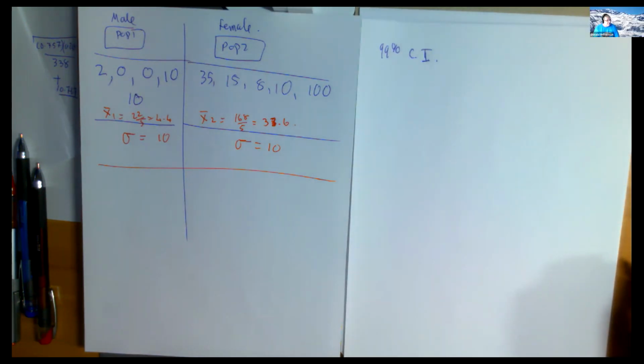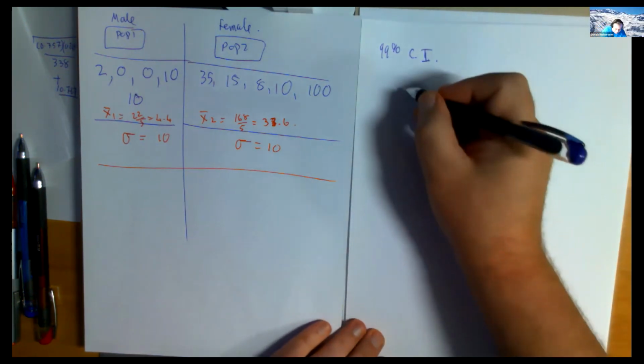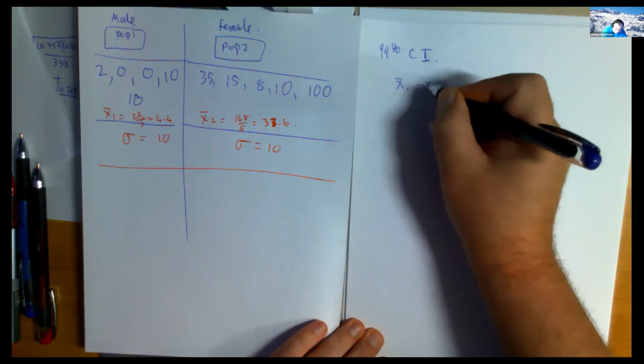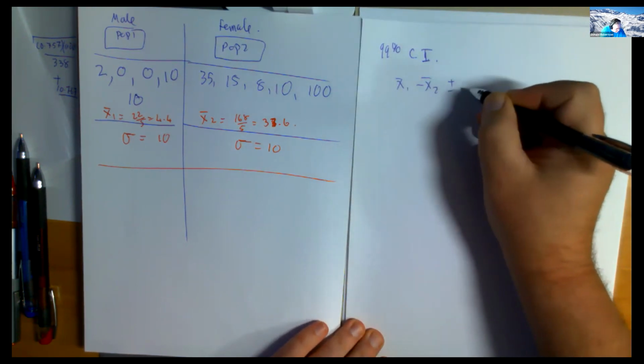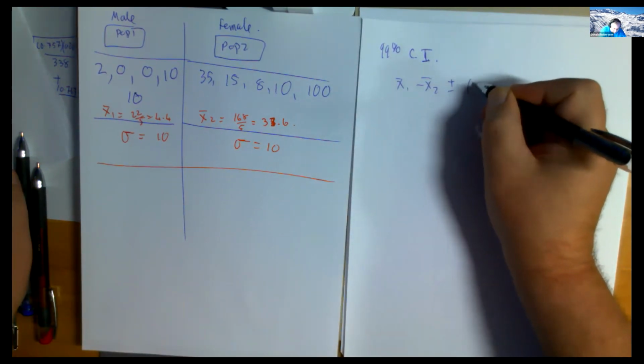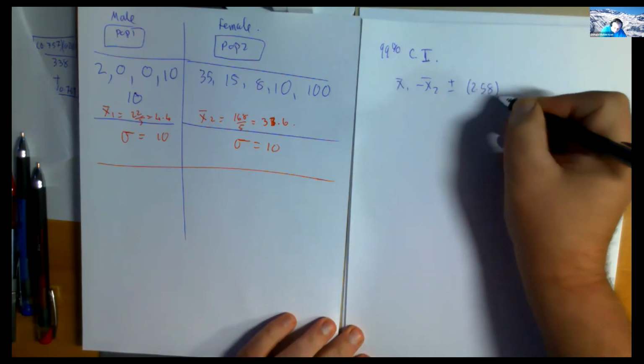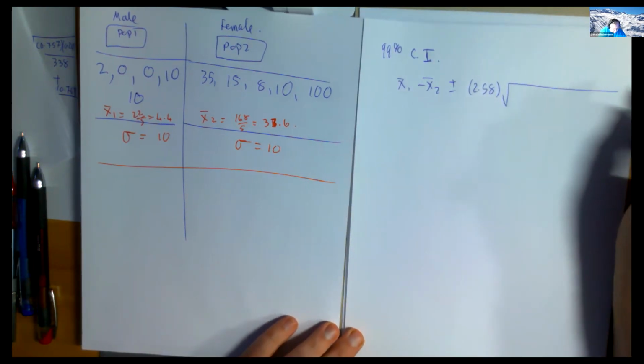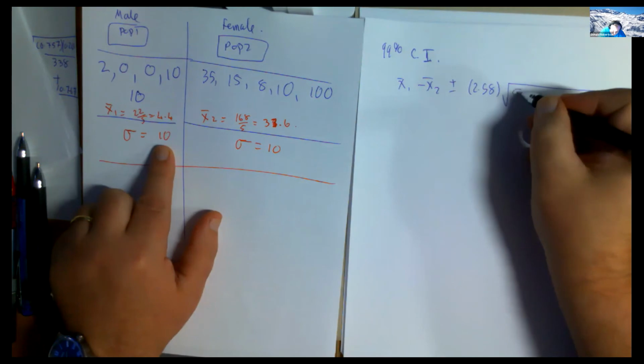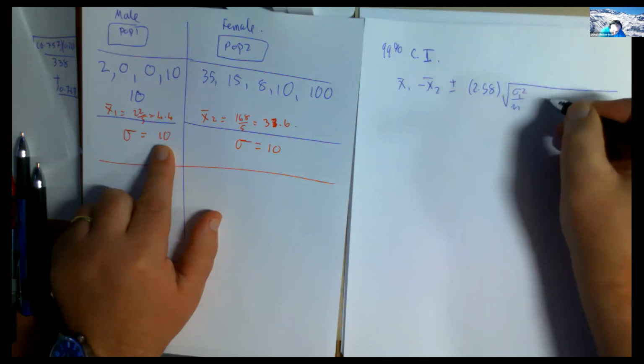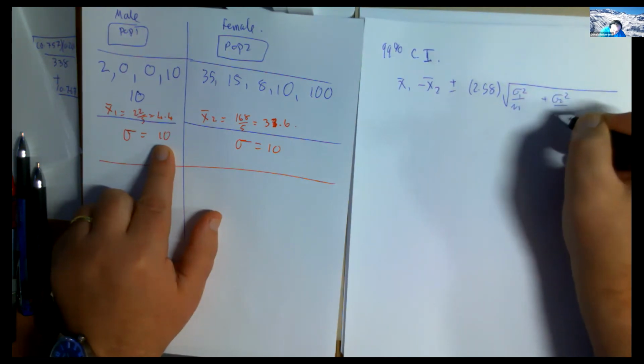Right, 99% confidence interval. Here goes. X1 bar, take away X2 bar, plus or minus, for a 99%, it's 2.58, times the square root of sigma 1 squared over n1 plus sigma 2 squared over n2.